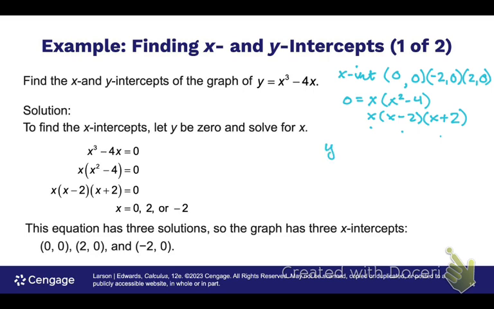So how do we find a y-intercept? 0 for x, right? So we would have y equals, well, 0 cubed would be what? 0. Minus 4 times 0, which would be? 0.